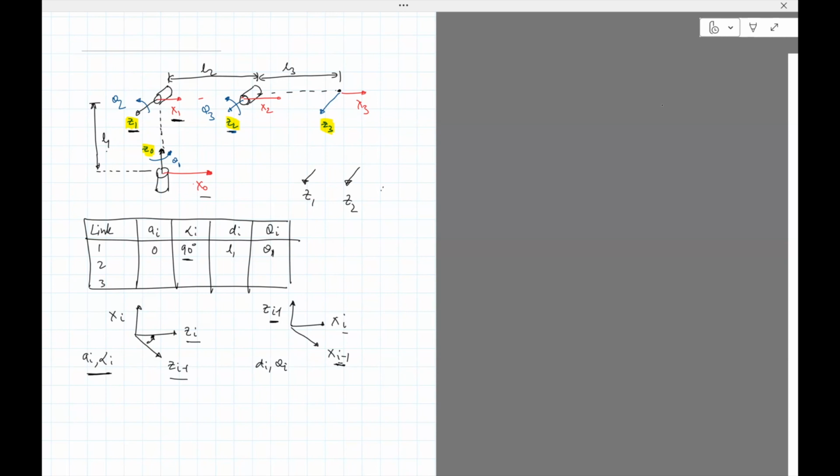So X2 is this way. Okay, so first of all, the angle between Z1 and Z2 along X2. If you look at this from here, this way, then you can see that Z1 and Z2 are parallel. And if they're parallel, then the angle is going to be simply 0.